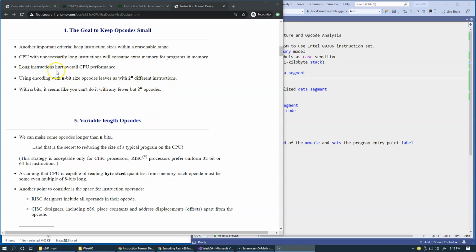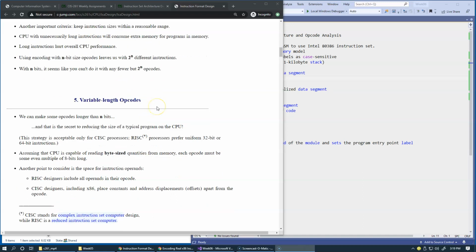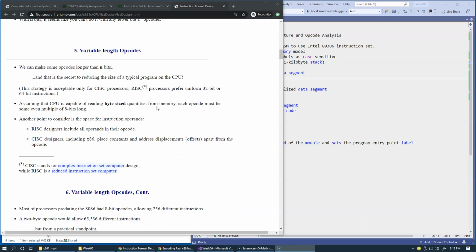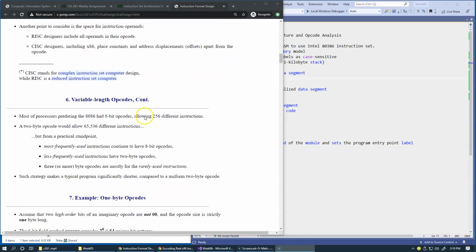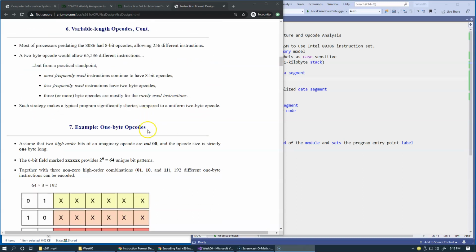So again, just read this handout. It's a general set of ideas that introduce concepts such as complex instruction set computer and reduced instruction set computer. Just read this information, and on Intel we're going to deal with variable length opcodes. So the opcodes will be different.